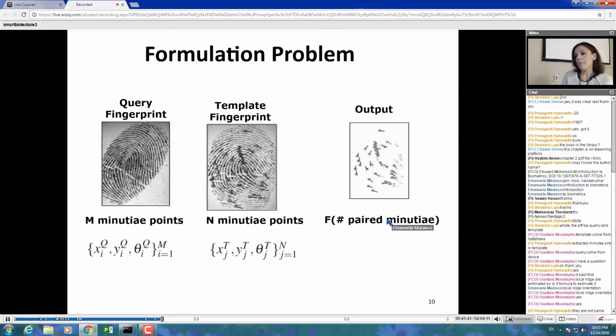We will define paired dimensions. The corresponding dimensions will be used in order to compute the match. So the degree of similarity will be based on the number of corresponding dimensions.